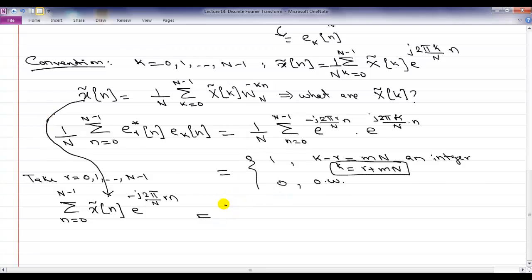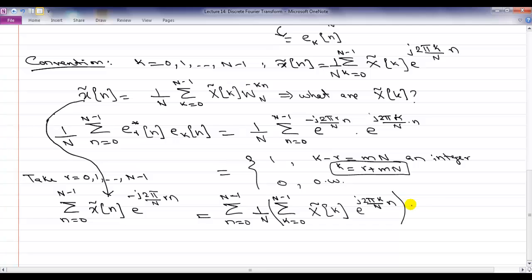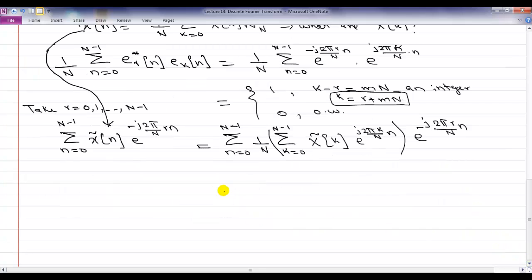If I do that, I get the sum over n equal to 0 to N minus 1, of 1 over N, summation k equal to 0 to N minus 1, x tilde of k e to the j 2 pi k over N times n. And I have this other exponential, e to the minus j 2 pi r over N times n. Now I just expand that.